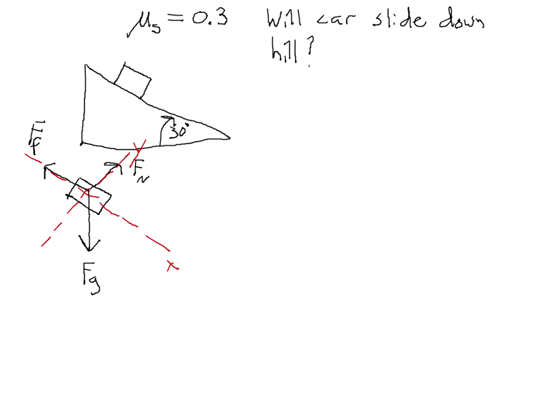Because we've picked our coordinate system this way, the normal force has only a y component and the friction force has only an x component, but we need to resolve gravity into its x and y components. This and this.